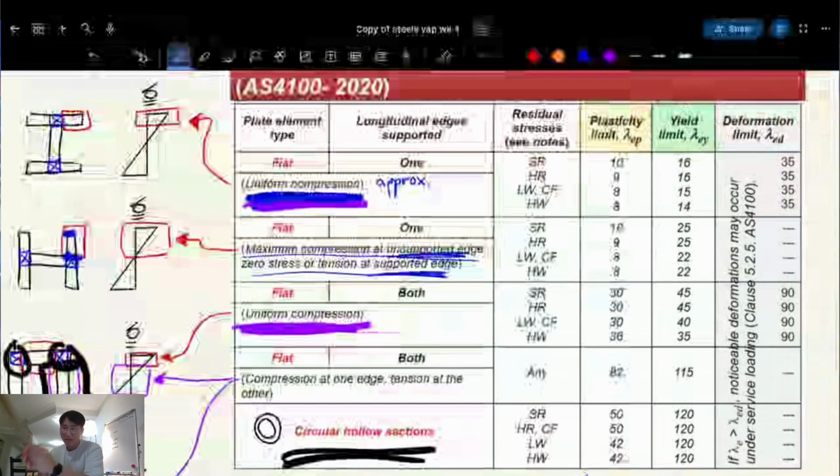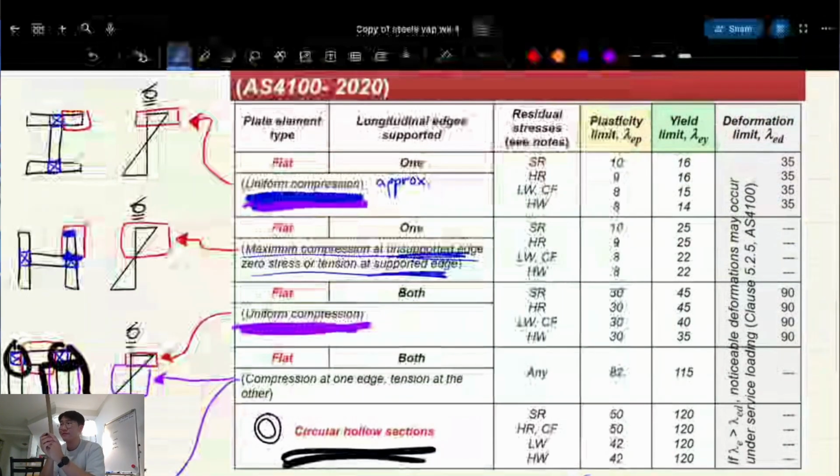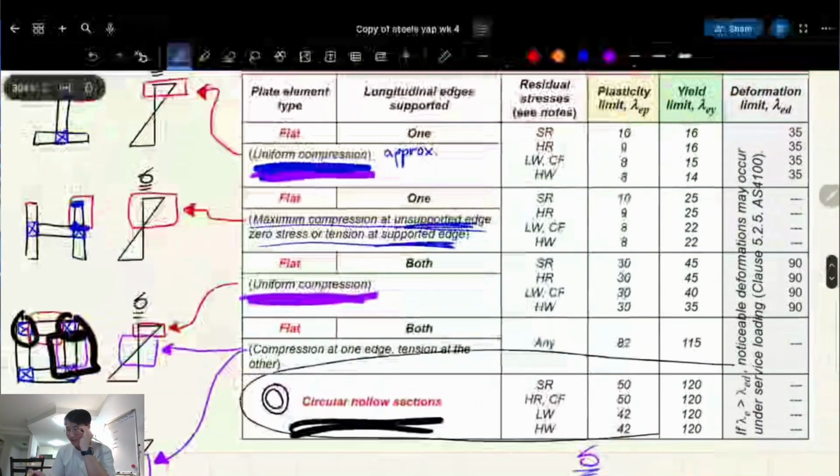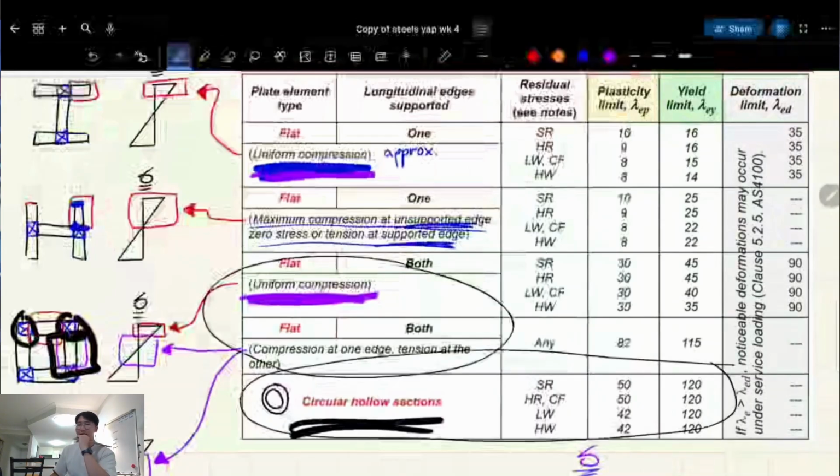Yeah. Okay, but what about having a higher slenderness limit before you reach yielding or plasticity? That's good. Why is it good? Because it can take on more stress before it... Exactly. It can be compact or non-compact before it's considered slender. So with that in mind, how come the circular hollow sections are better, and to some degree the square ones, which are these two?